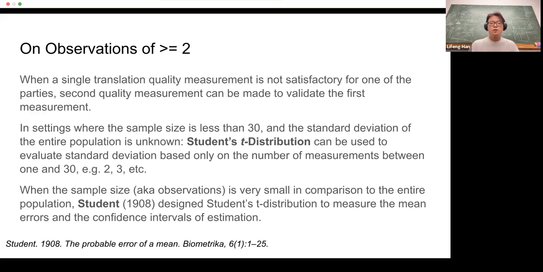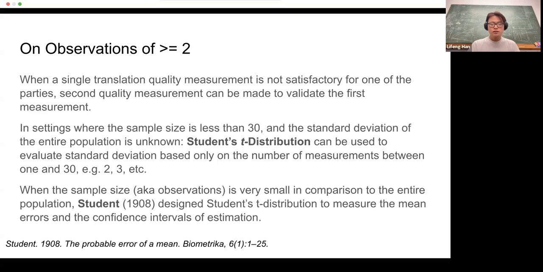In settings where the sample size is less than 30 and the standard deviation of the entire population is unknown, students' t-distribution can be used to evaluate a standard deviation based only on the number of measurements between 1 and 30, such as 2 or 3.